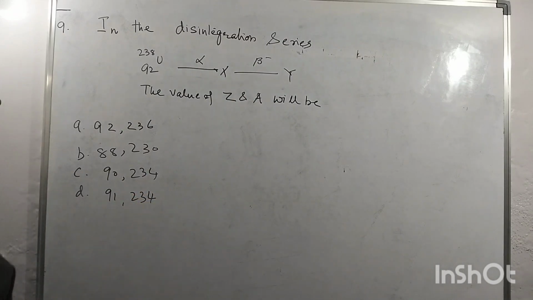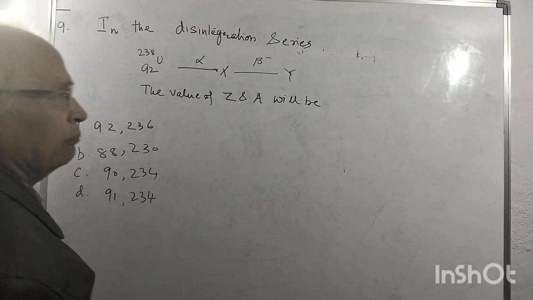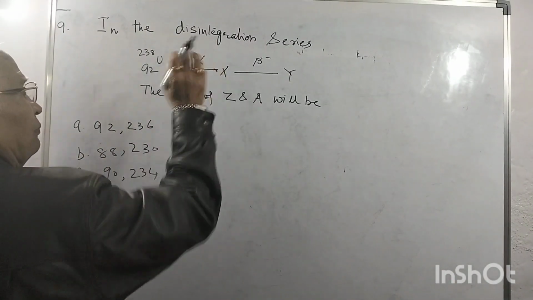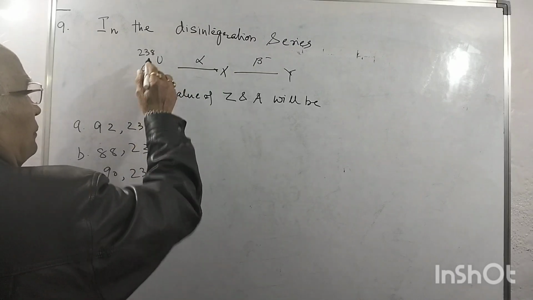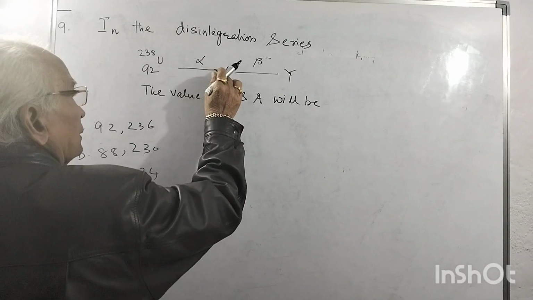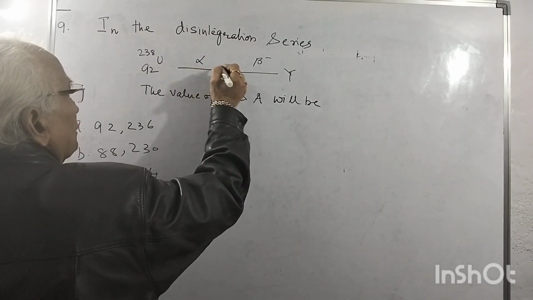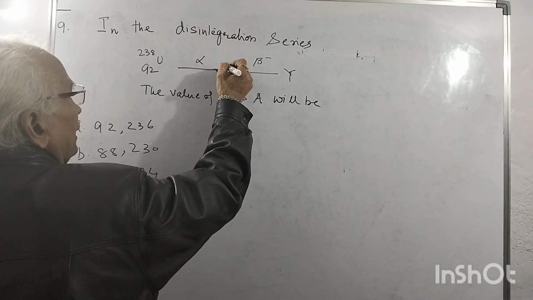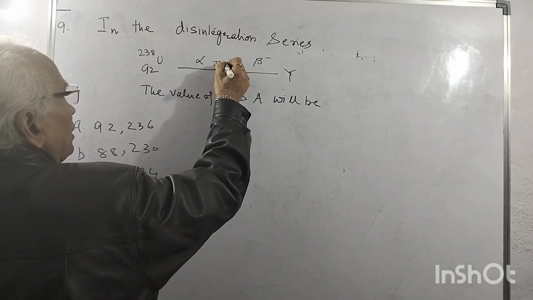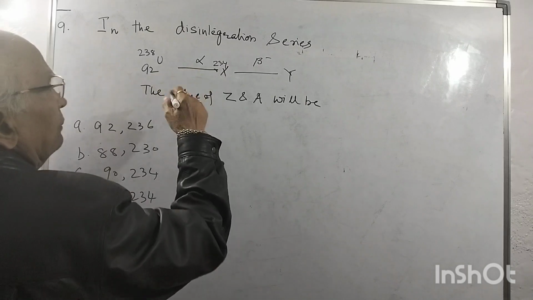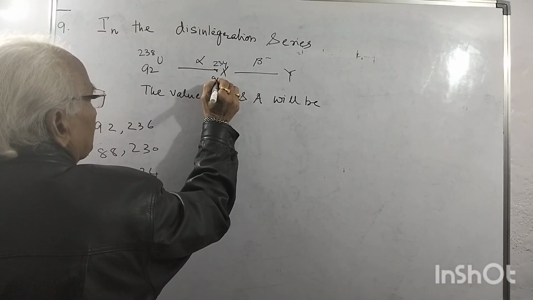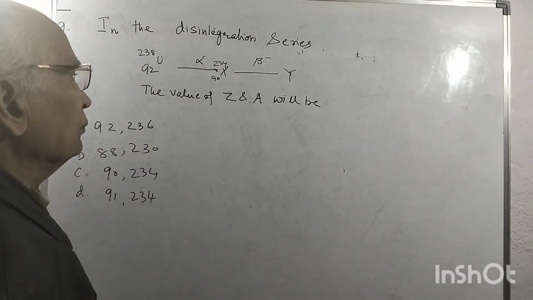See, alpha decay means mass decreases by 4 units, because the mass of an alpha particle is 4 units. So this 238 becomes 234, and this 92 changes by alpha taking 2, so it becomes 90. So 90, 234.